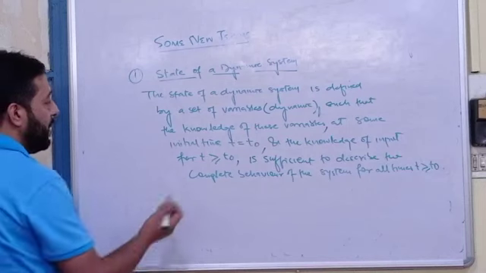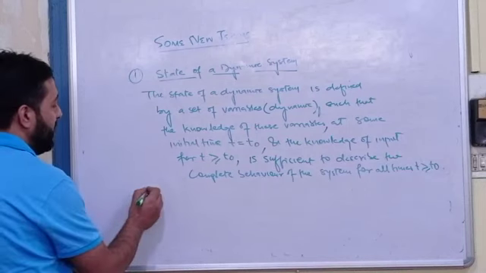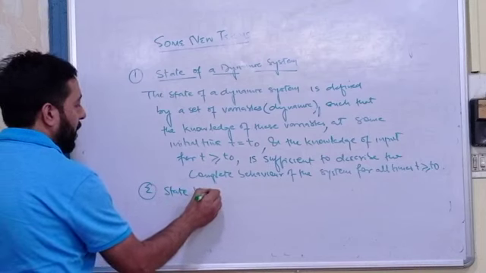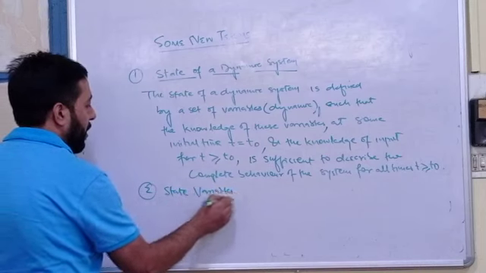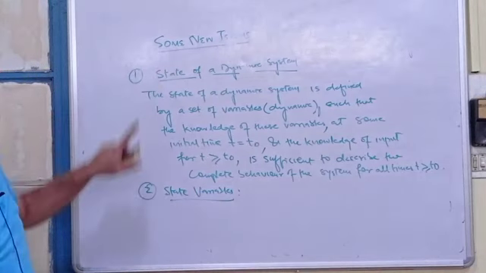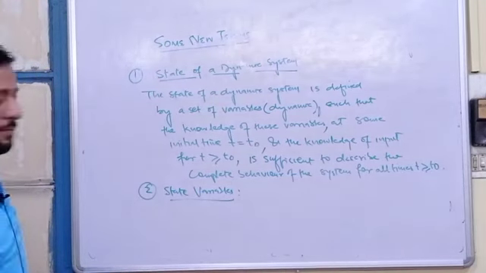So you define what are state variables? State variables are those variables which define the state of a system. है ना?